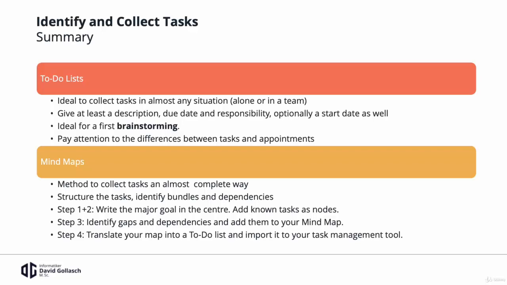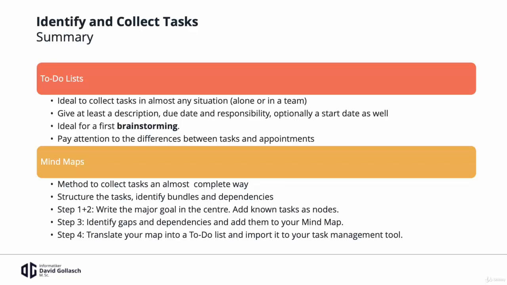So in the first and the second step, you write down the major goal of your project in the center, and you add all those tasks that you already know, that you've taken down during the brainstorming phase, as the first nodes of your mind map.